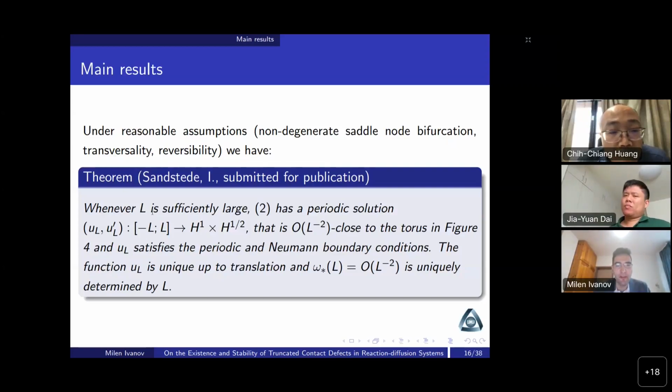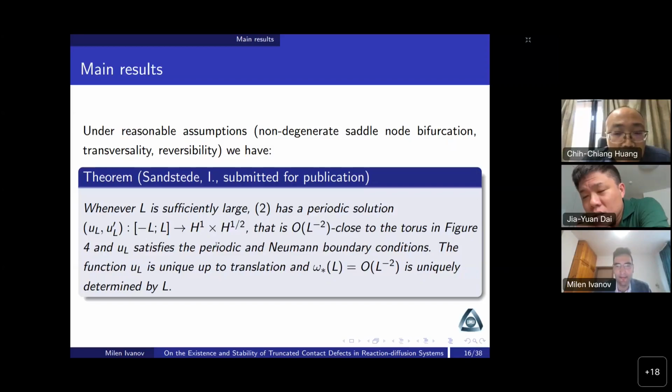Whenever the interval is sufficiently large, our spatial dynamical system has a periodic solution that is O(L^-2) close to the torus, which we drew, and it satisfies the periodic and Neumann boundary conditions. This solution is unique up to time translation, and the amount by which I have to perturb my system is uniquely determined by L, and it's O(1/L^2).